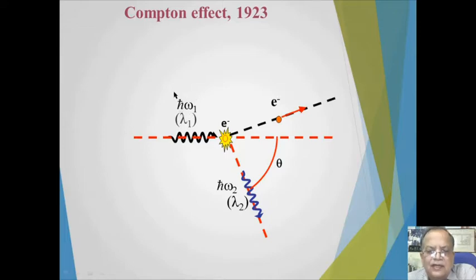So you can write the energy in terms of h cross nu 1 or h cross omega 1, right? The wavelength is lambda 1, and the scattered photon has energy h cross omega 2 and wavelength lambda 2. The electron gets certain kinetic energy and goes in a particular direction, and this is the scattering angle theta.